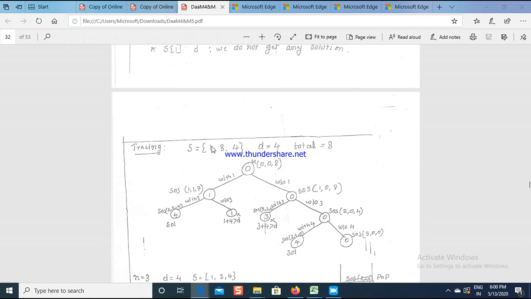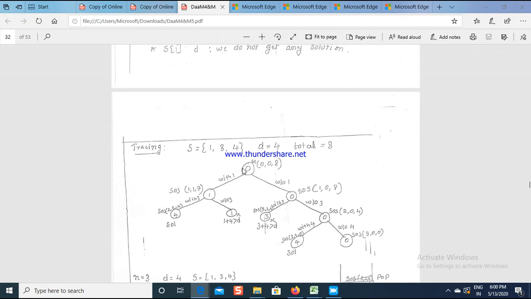Whether I am considering the first element or without the first element, anyhow I have considered it, it is already over. So the remaining total will be only this much, 3 plus 4, 7. So it is 8 minus 1, 7. Here also it is 8 minus 1, 7. Index here also is incremented.